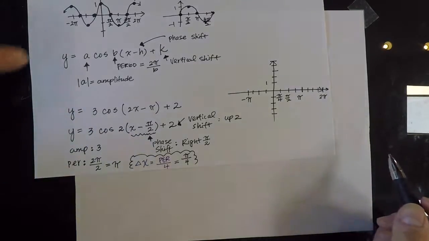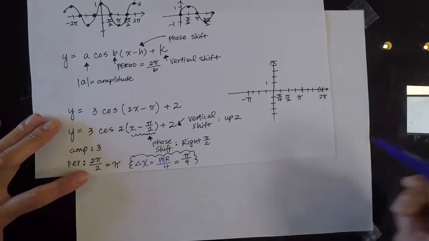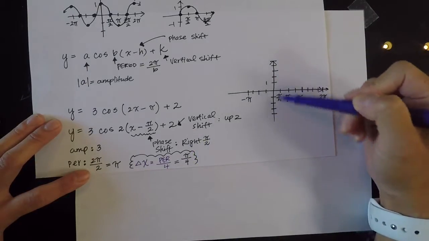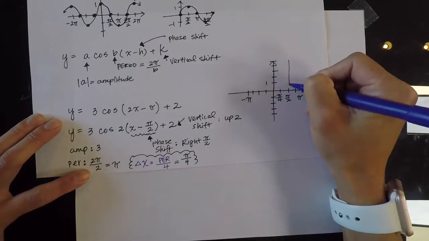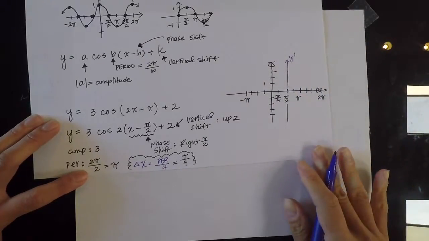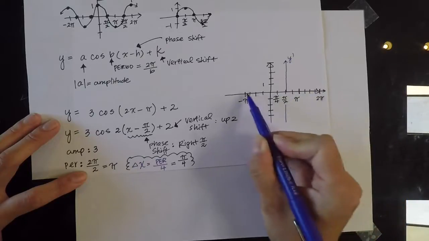So, like the previous video, we always do the shift first. Since we have a phase shift to the right, pi over 2, I'm going to take the y-axis and shift it to the right, pi over 2. So this purple axis, I'm going to label as y prime. That's my new y-axis. Vertical shift up 2, that's going to affect the x-axis.